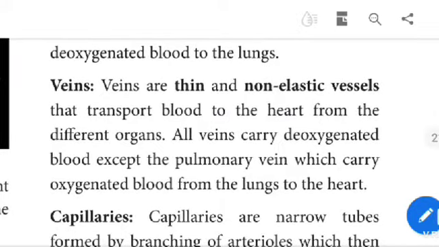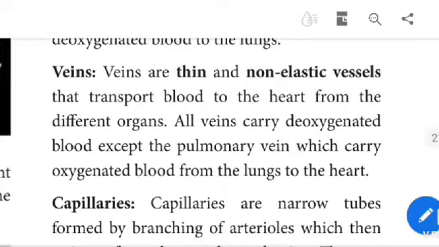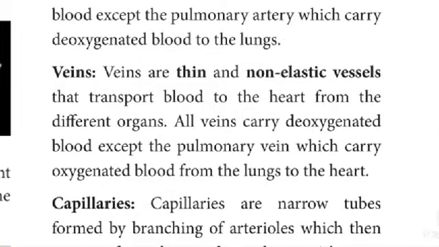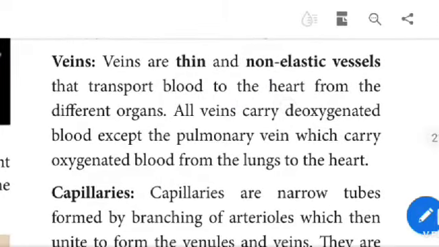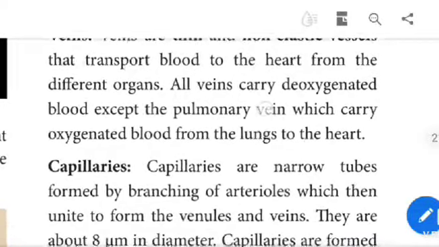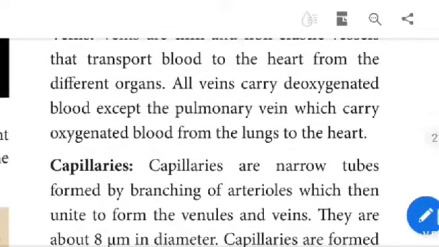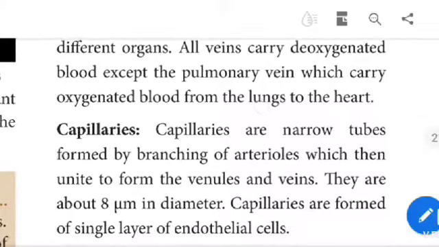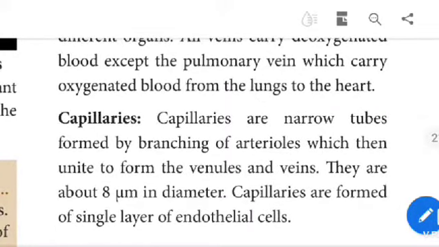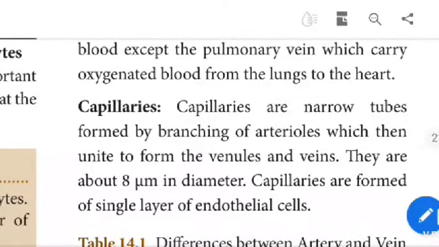Veins are thin and non-elastic vessels that transport blood to the heart from the different organs. All veins carry deoxygenated blood except the pulmonary vein, which carries oxygenated blood from the lungs to the heart.